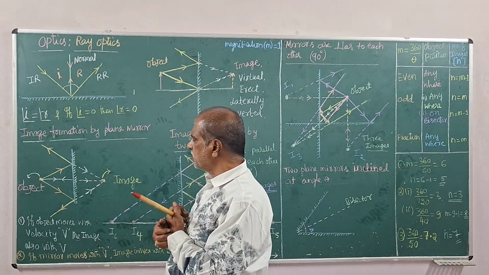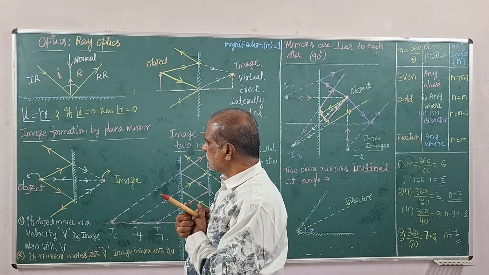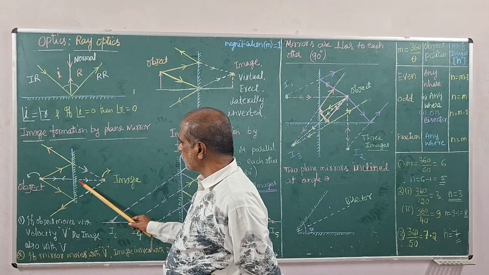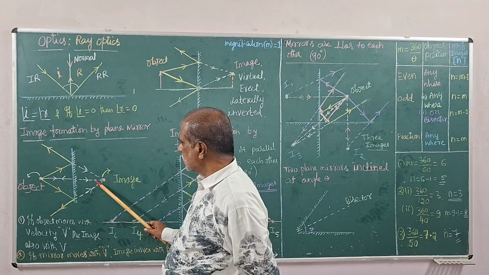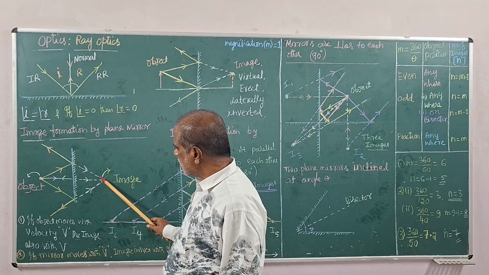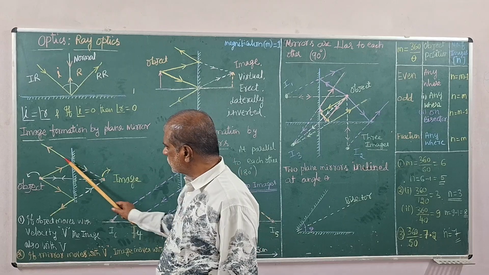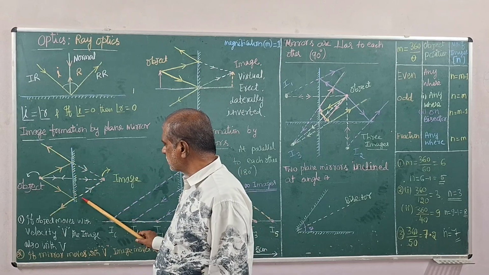It is not a real image, it is a virtual image, because this is a real ray, and this is an apparent ray. It appears as if the rays are diverging from this point.